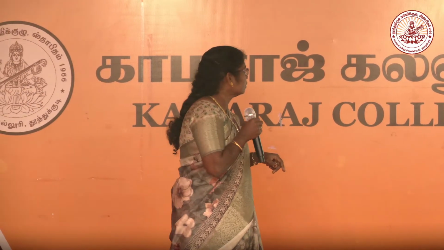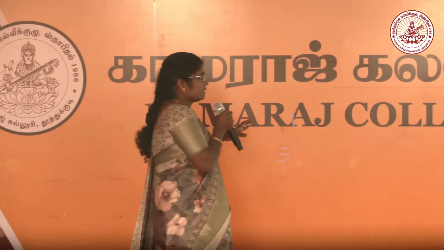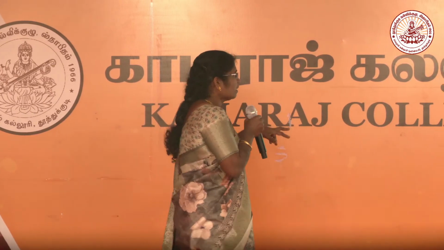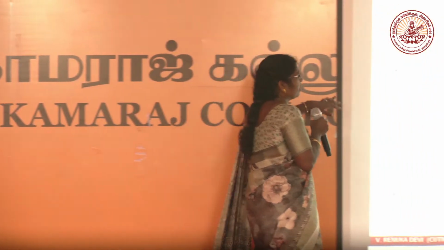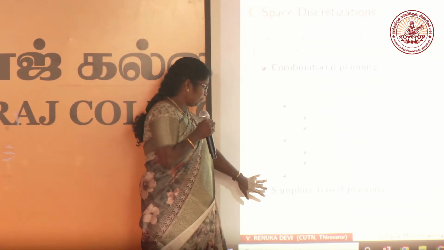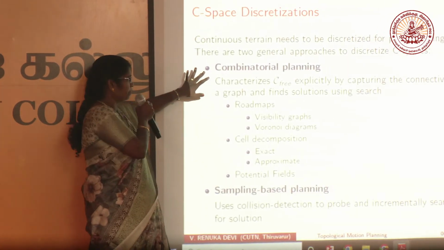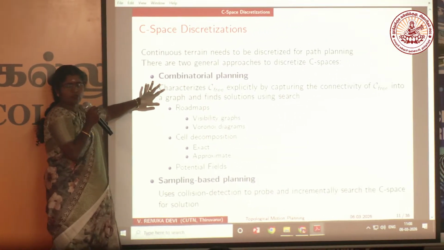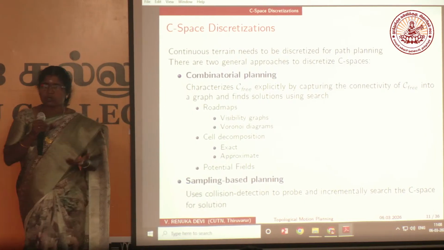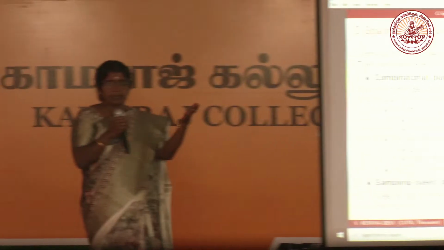Next. There is discretization of the continuous terrain, in the sense that the configuration space can be divided into so many spaces. For that we have basic methods. One is combinatorial planning, another is sampling based planning. Combinatorial planning is widely used nowadays, and sampling based planning is used for high dimensional configuration spaces.